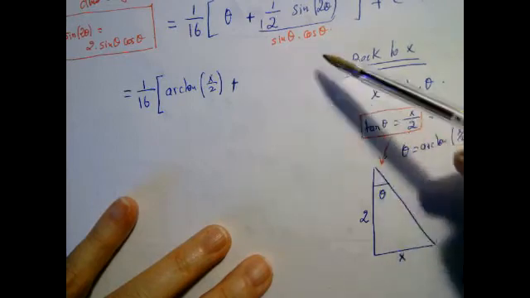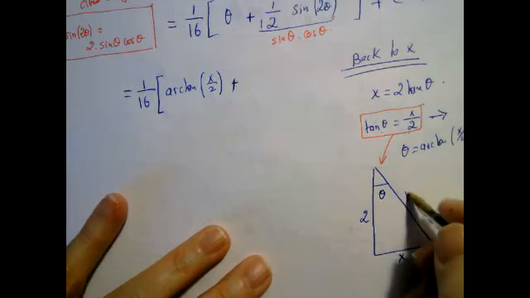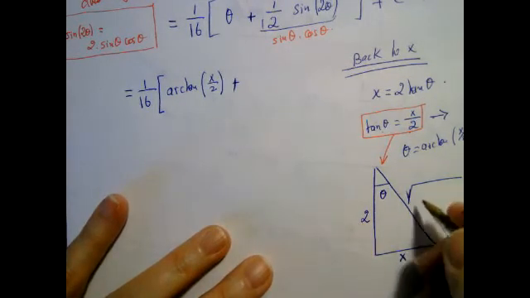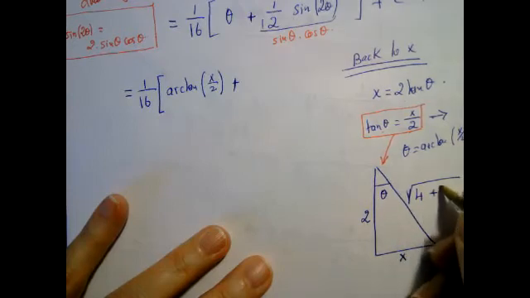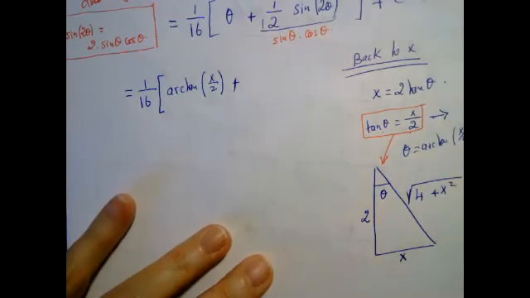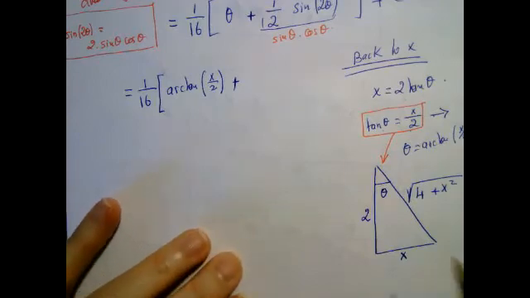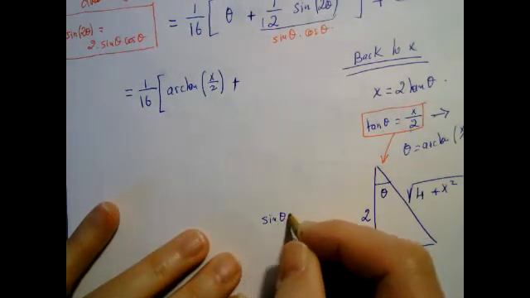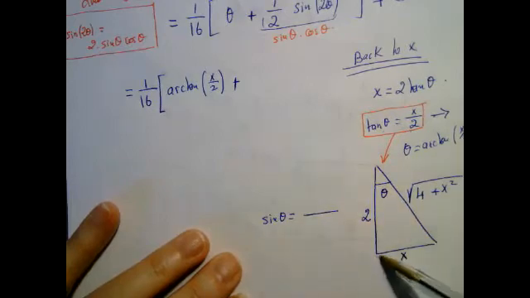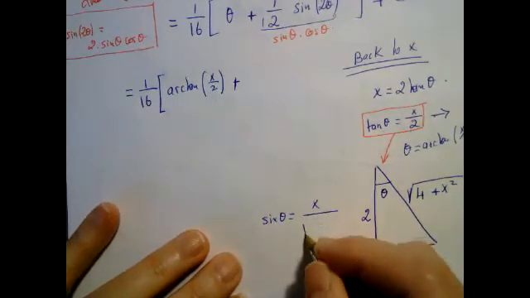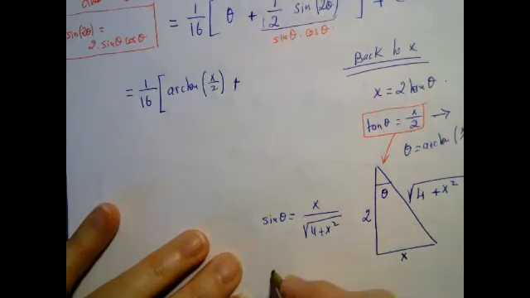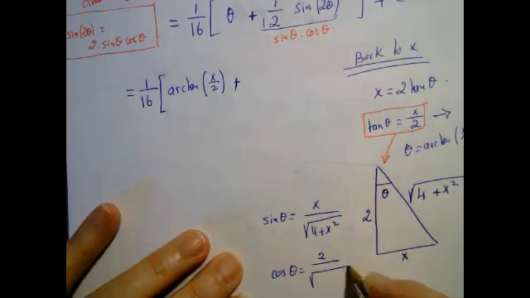Now I want the sine and the cosine. To get those, I need the hypotenuse. The Pythagorean theorem tells me that's going to be the square root of 4 plus x squared. And now I know my sine and my cosine. The sine of theta is x over the square root, and the cosine is 2 over the square root.